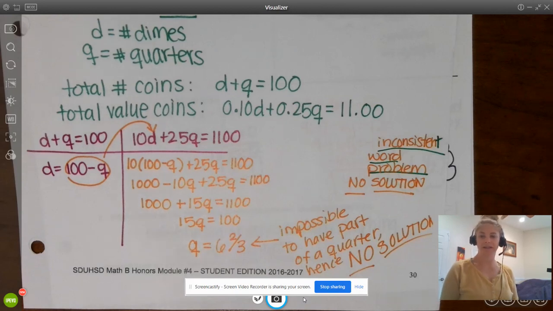And we looked at inconsistent word problems back in Module 1, where your equations are all correct, you're doing the math correct, but you end up with an answer that is not logical and cannot happen with all of the restrictions in place. So this is indeed an inconsistent word problem. It is impossible to have 100 coins made up of only dimes and quarters to equal $11.